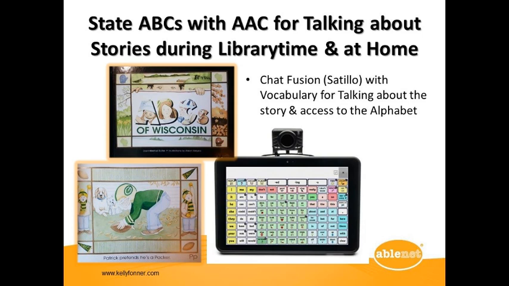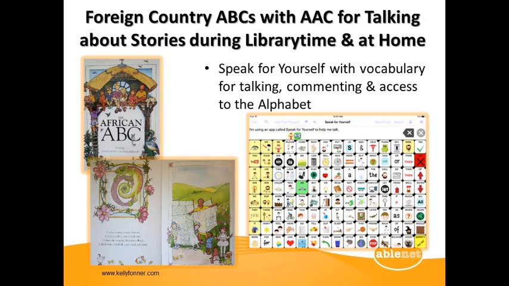So again, when you've got a more robust vocabulary system, you can talk about locations and intermix them with the alphabet. If you have an alphabet that you can go to and from, then you can comment on what you see. You've got more of a story to talk about.